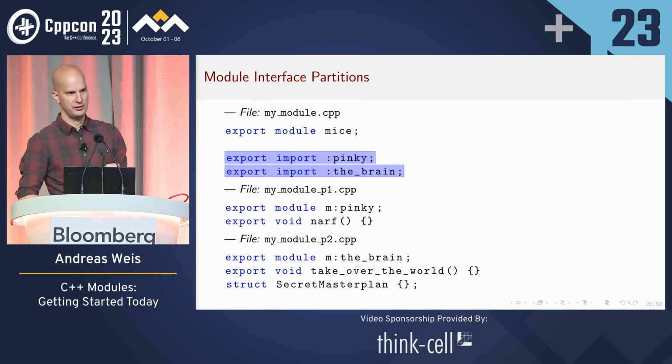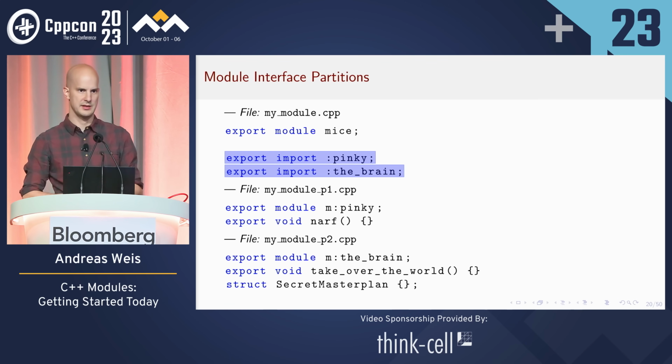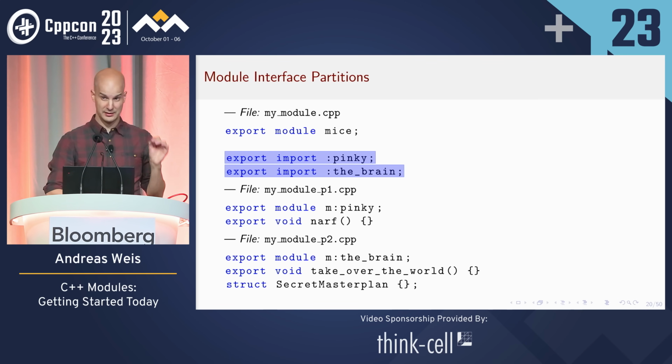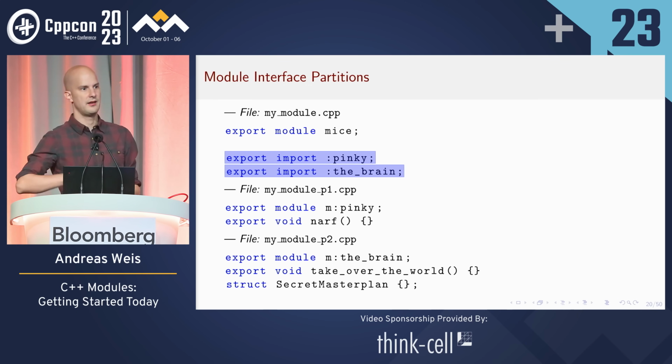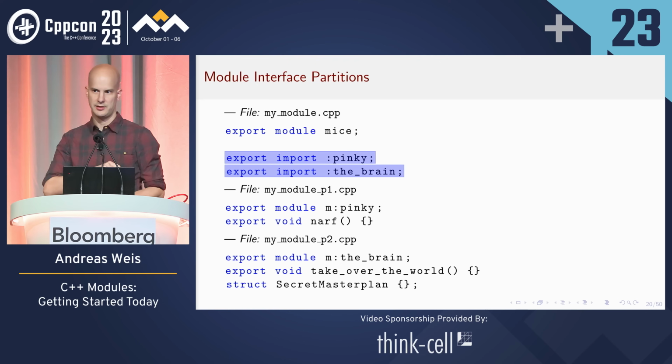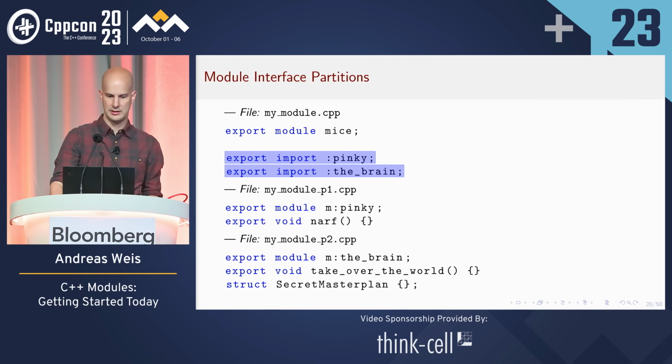And in the primary module interface, I need to export-import all of my partitions. And again, this is the developer's responsibility; it is actually required. If you have multiple partitions, then the primary interface is required to export-import all of these partitions. So you need to be a bit careful here that you don't mess this up.